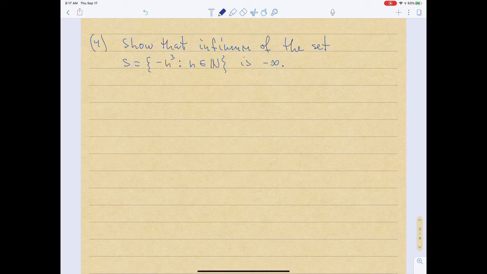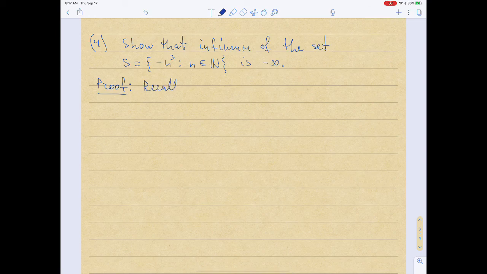So we're going to try to satisfy the definition of infimum being equal to minus infinity. Let's recall it here.